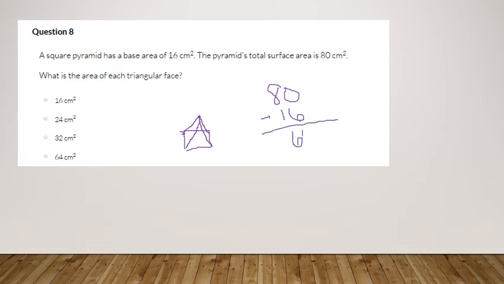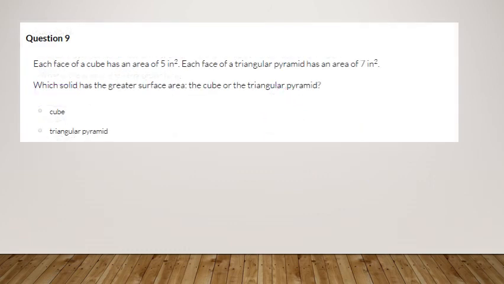That would give me 64, and that's centimeters squared still. What is the area of each triangular face? Remember, there are 4 faces, so we're just going to divide 64 by 4, and that gives us 16.